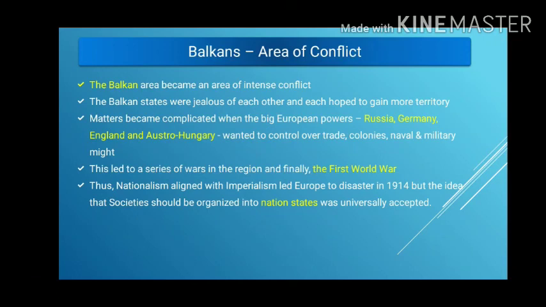Each power, Russia, Germany, England, Austro-Hungary, was keen on countering the hold of other powers over the Balkans. This led to a series of wars in the region and finally the First World War. So, nationalism aligned with imperialism led Europe to disaster in 1914.